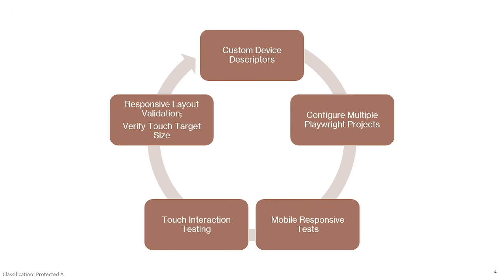Simple assertions like this help confirm the correct device configuration before the rest of the test executes. Then we write tests for touch interaction, responsive layout validation, and verifying touch target size.